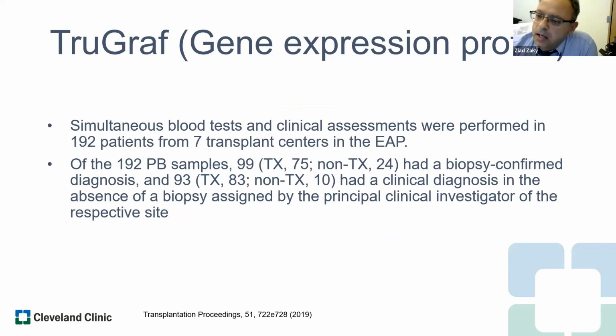And this is based on several studies. Maybe the most important one is when they had 192 patients, and they had 75 stable versus 24 patients done TX based on biopsy, and it was published in Transplant Proceedings 2019.